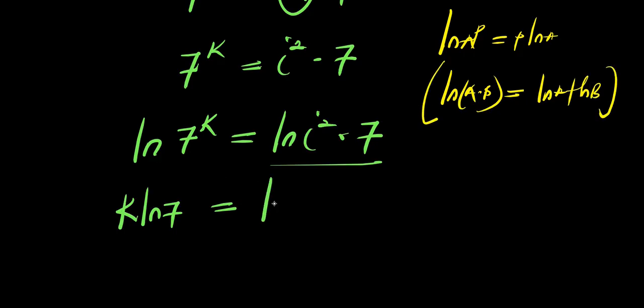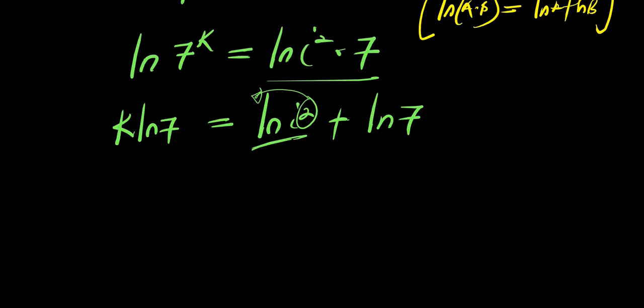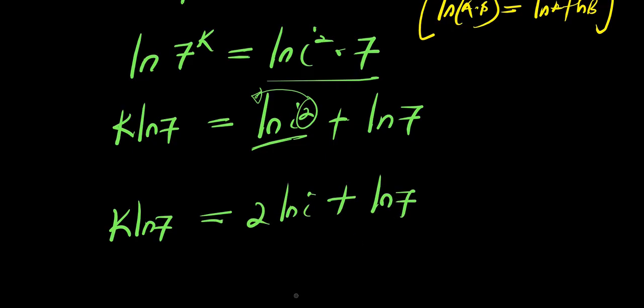So we have natural log i squared plus natural log 7. By applying this other identity here, the 2 will come in front. So what we are simply going to have is k times natural log 7 equals 2 times natural log i plus natural log 7.